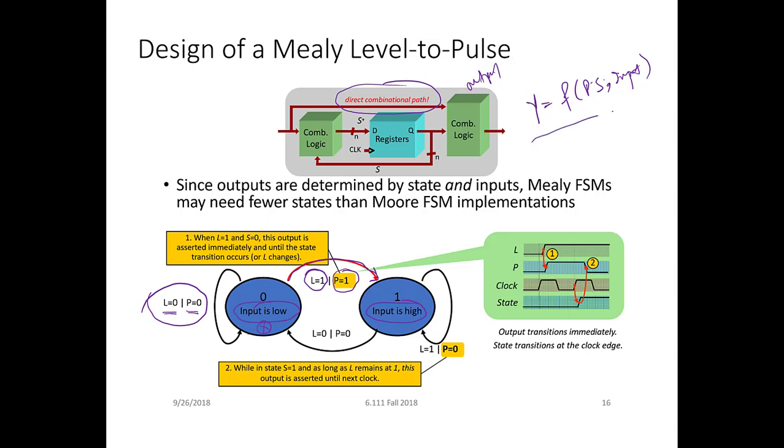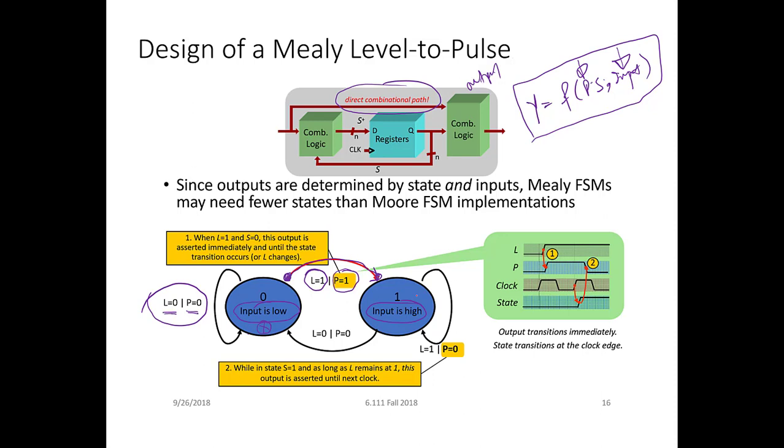That is what is meant by output being a function of input plus present state. The tail of the arc is your present state, the head of the arc is your next state, but the output changes on the arc, not at the tail or the head. So that's the difference between a Moore and a Mealy FSM.